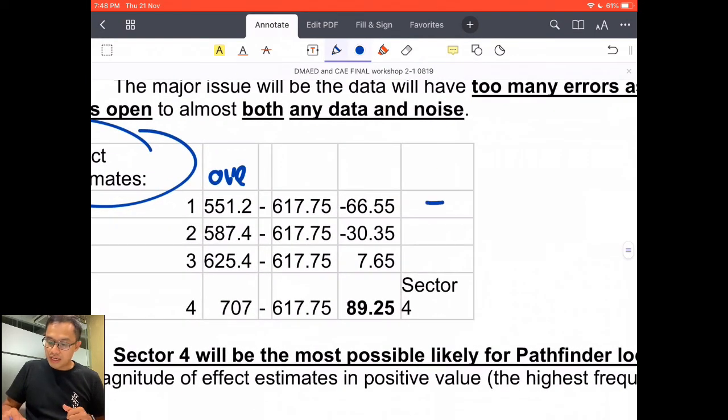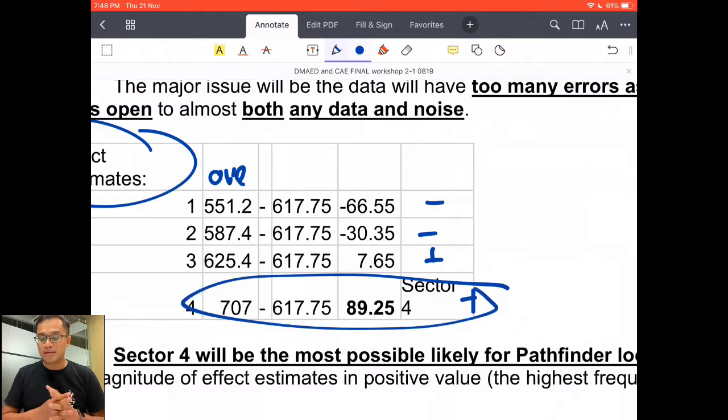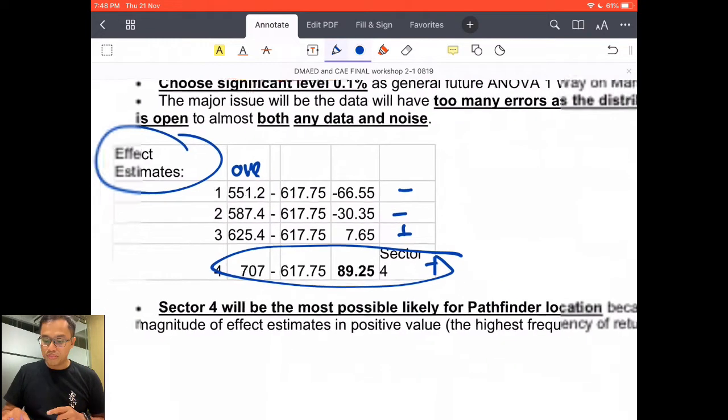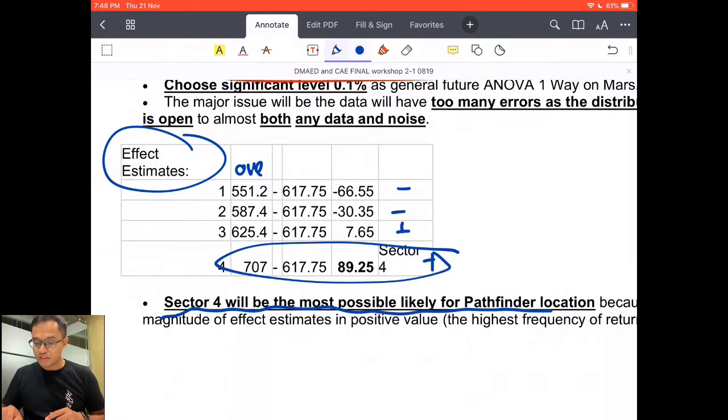So here you have a negative value and these two are positive. Since we are looking for the location of the pathfinder, you must find the positive value because the negative value will say it's not there. Right, so the biggest number is sector 4 at positive 89.25. Therefore, we believe it is selected as the most possible position for the pathfinder location.